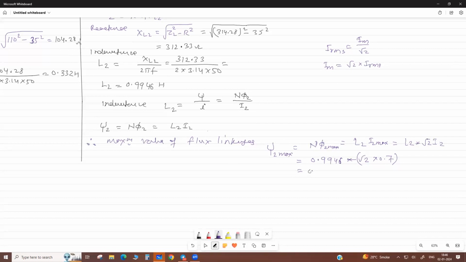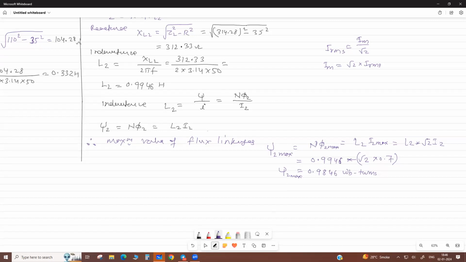It comes 0.9845 Weber turn. Okay. Maximum flux linkage. Okay. Easy? Any doubt?